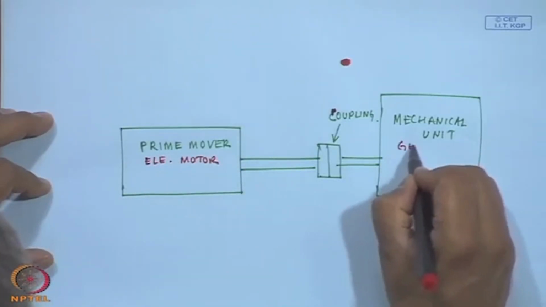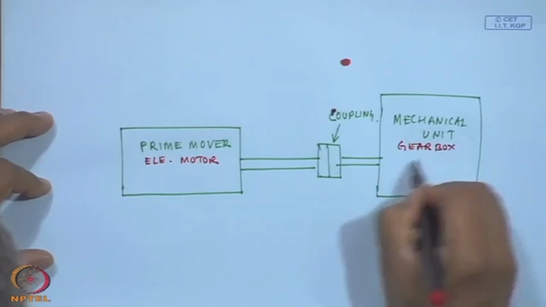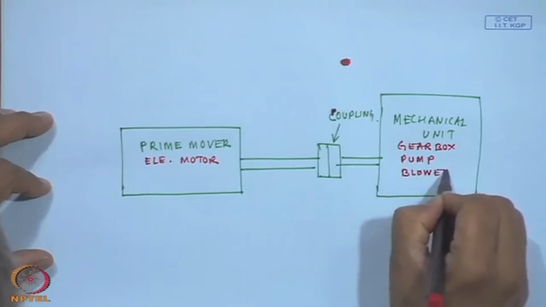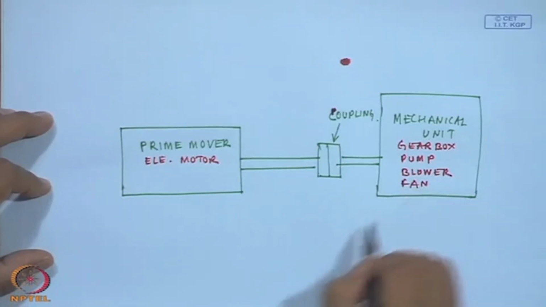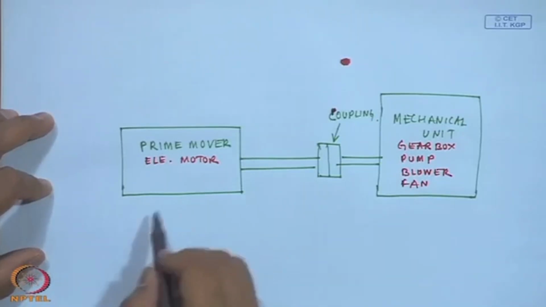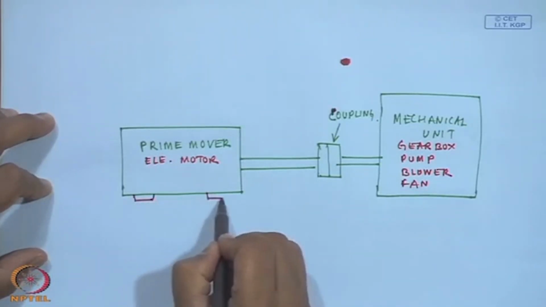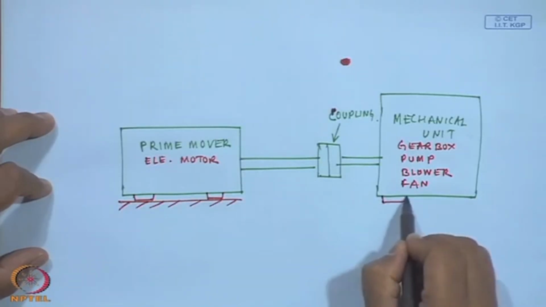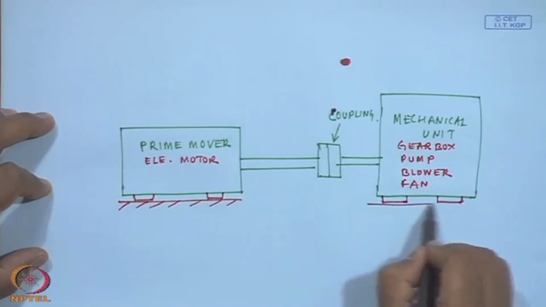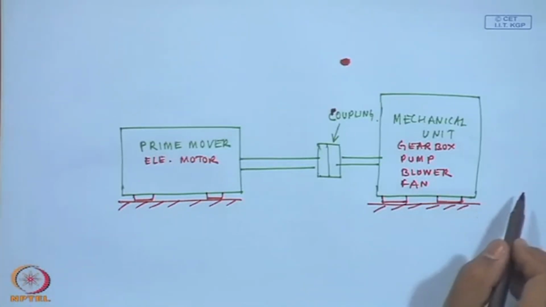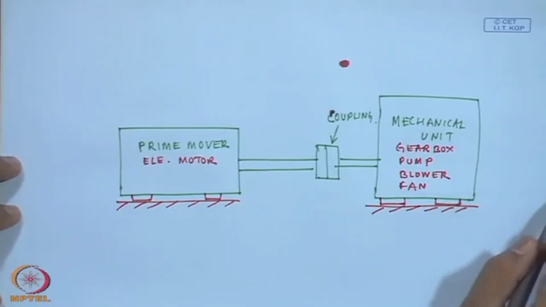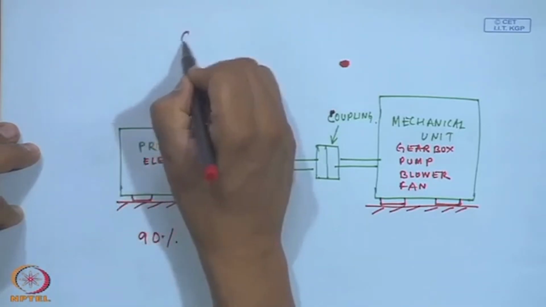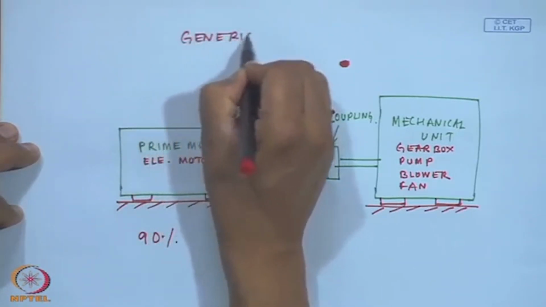This could be a gearbox, could be a pump, could be a blower, could be a fan, usually. Okay. And they have to be put on a foundation. Okay. And this could be driving some other things, and this is typically the configuration of the machines in 90% of the cases.